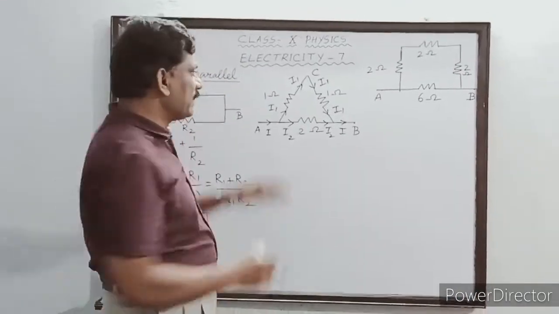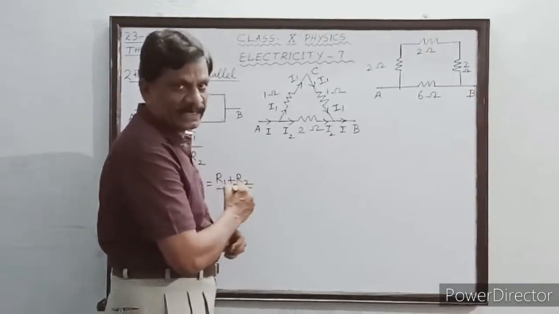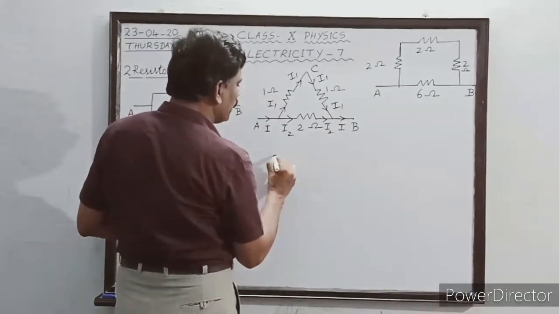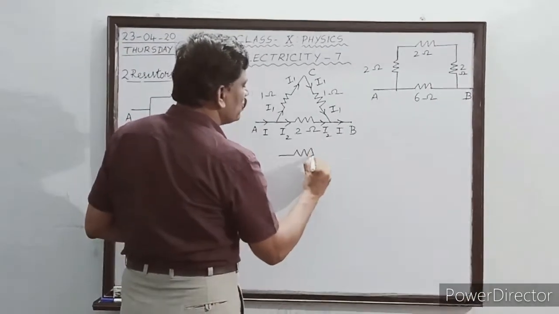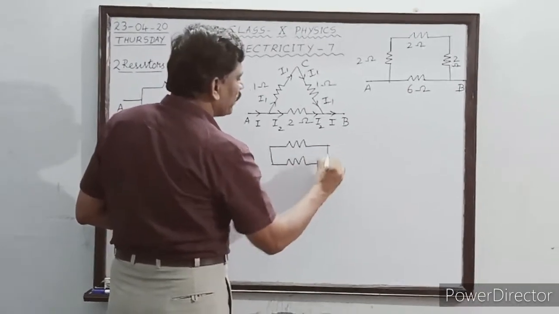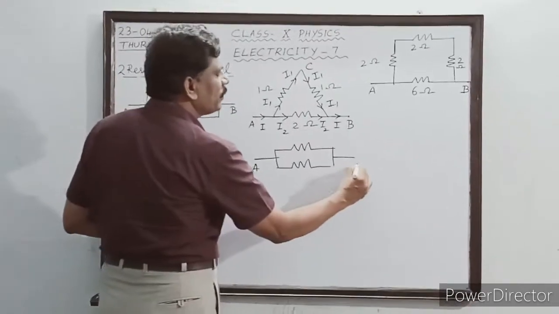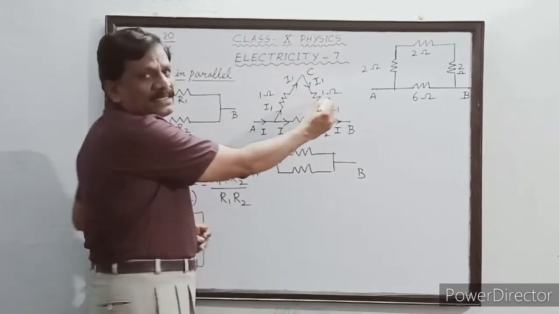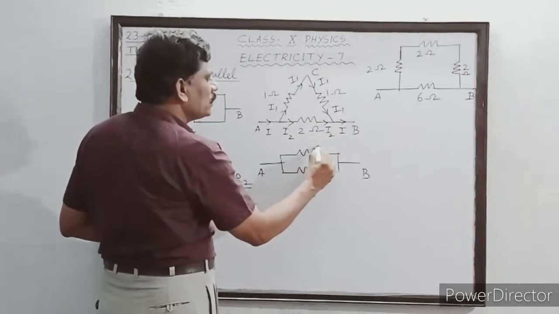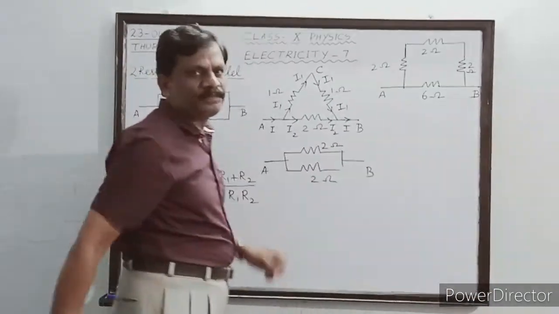So now the circuit gets reduced. The equivalent circuit now I am going to draw. So this will be reduced to 1 ohm plus 1 ohm, that is 2 ohm, connected parallel to this. So the effective resistance between A and B, this 1 ohm plus 1 ohm is equal to what? 2 ohm. So here it is 2 ohm and this also is 2 ohm.